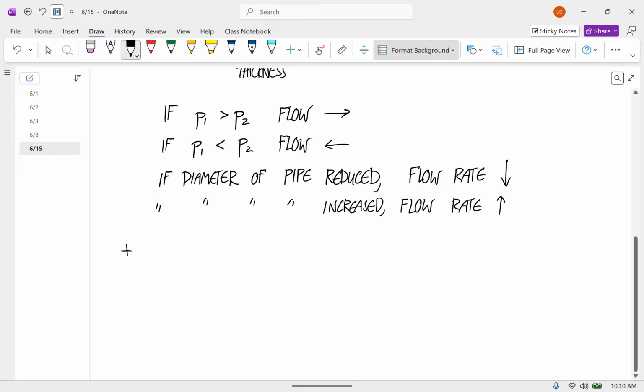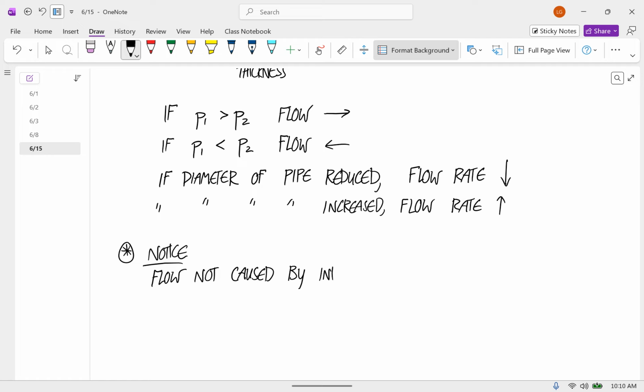So the first thing to notice is that flow is not caused by the individual pressures, P1 and P2.